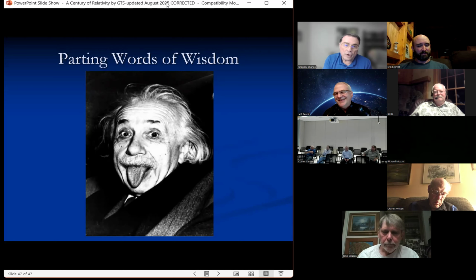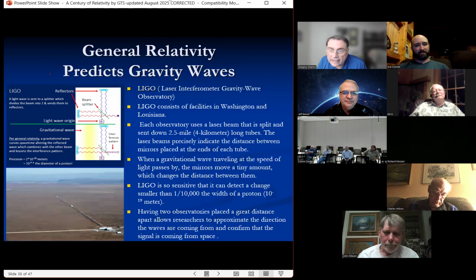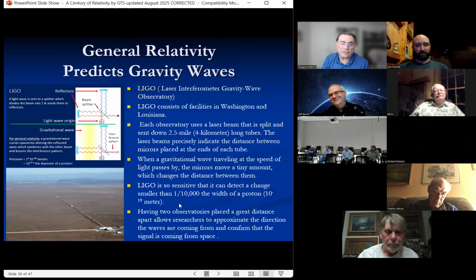They've gone by many, many times before LIGO, and we haven't felt anything. Look at the accuracy of this thing: it's so sensitive it can detect a change smaller than 1/10,000th the width of a proton, which is 10 to the negative 19 meters. So that's how sensitive this needs to be. You're not going to feel that.